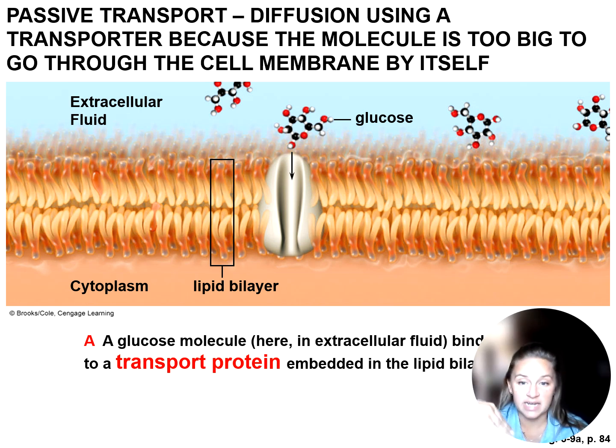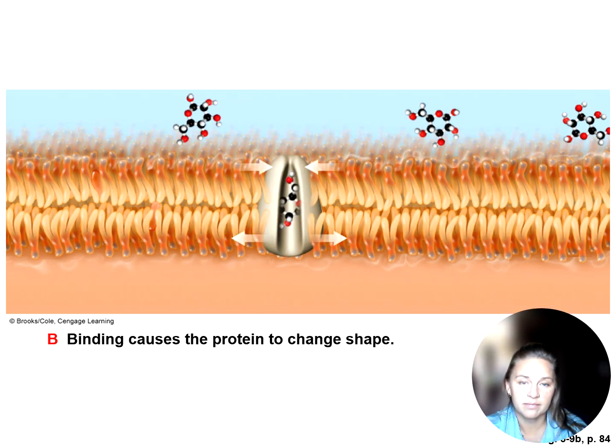So because we're going down the concentration gradient, this is still considered passive transport. We just need a transport protein because glucose cannot just passively diffuse through because it's too big. This is just showing how the transport protein changes shape to allow the glucose through.